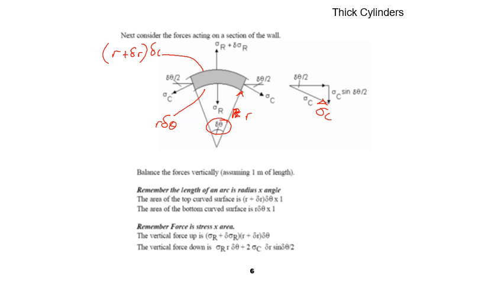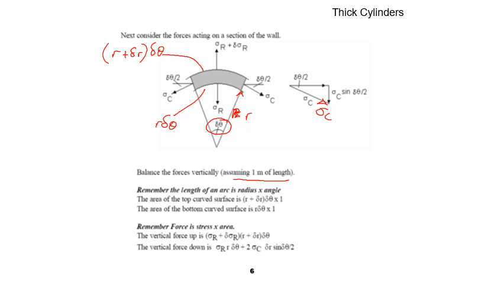Times del theta. Okay? And the area then is equal to this times 1, because we assume the length is 1 meter. Assuming 1 meter length of the stress element. Okay, the area on the bottom surface is r del theta times 1.